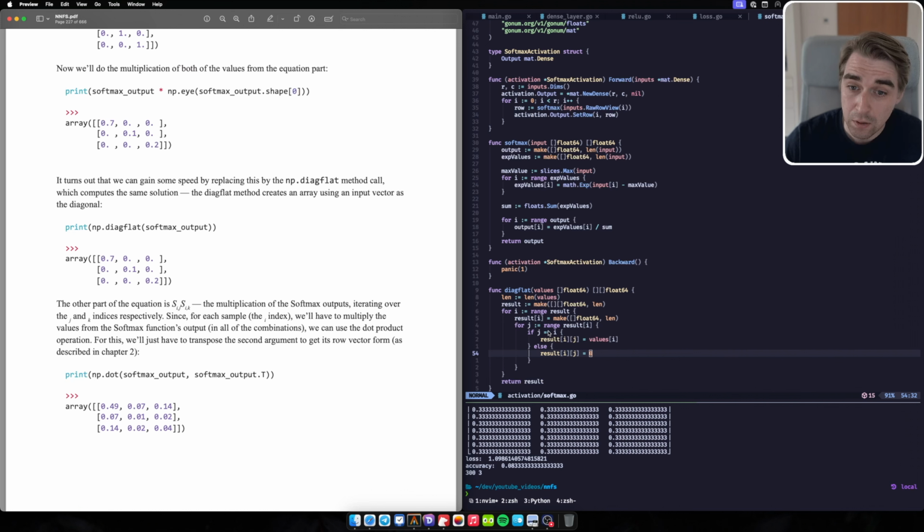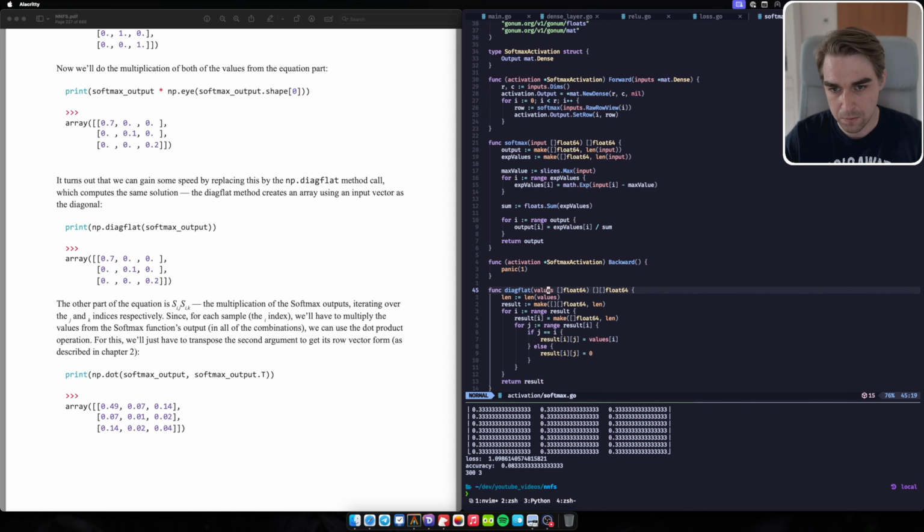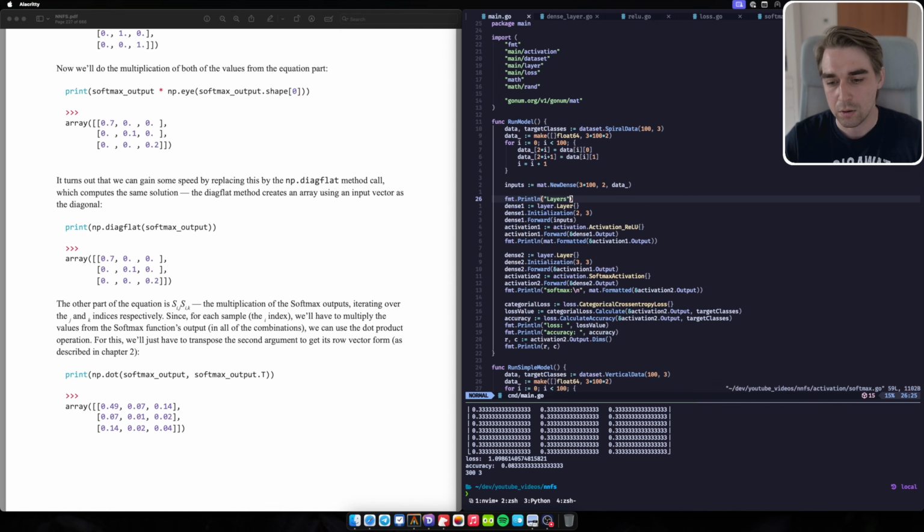How can I test it? It's in the softmax. What can I do?